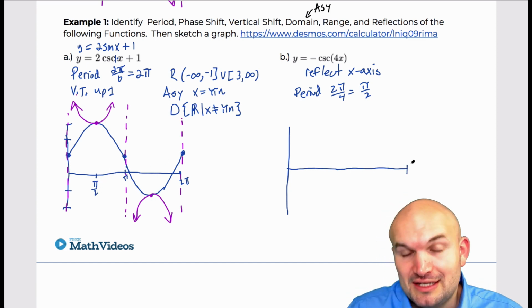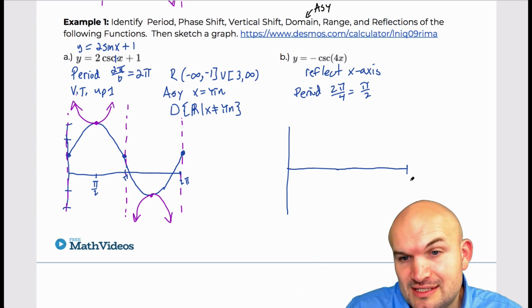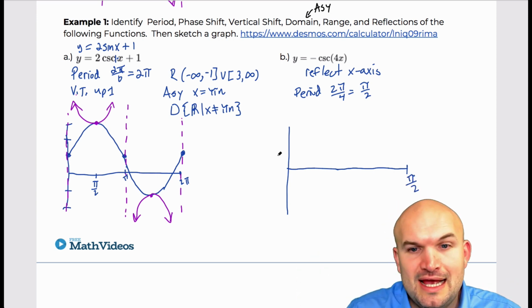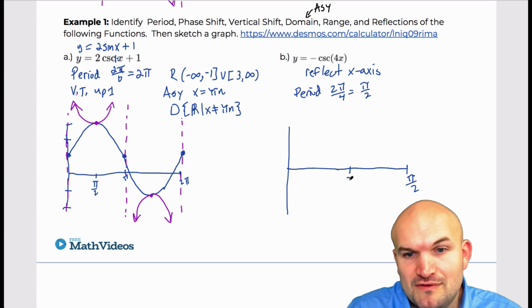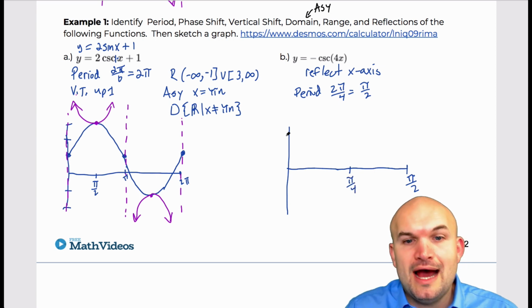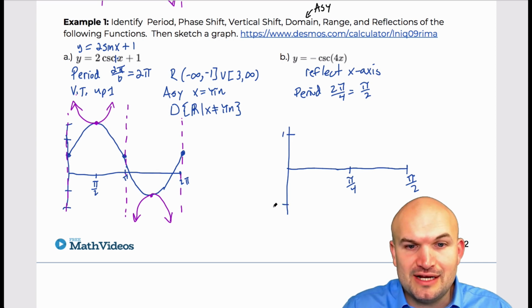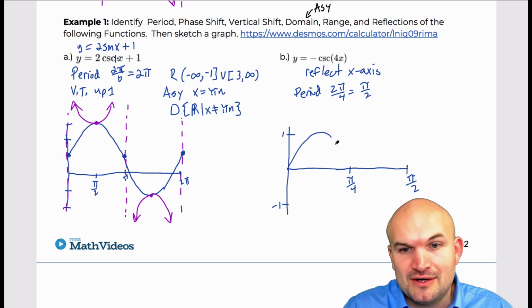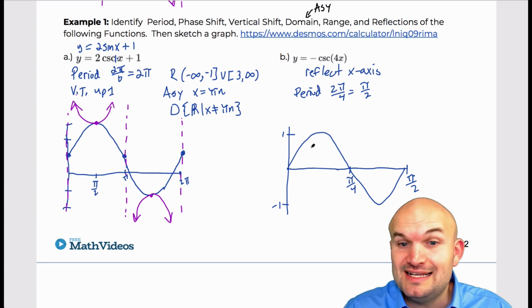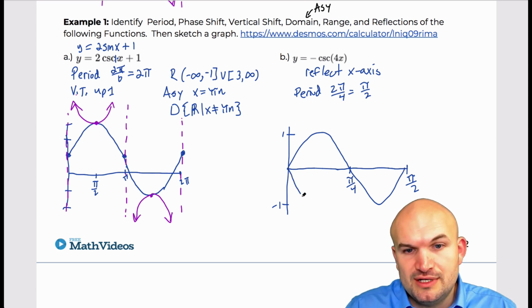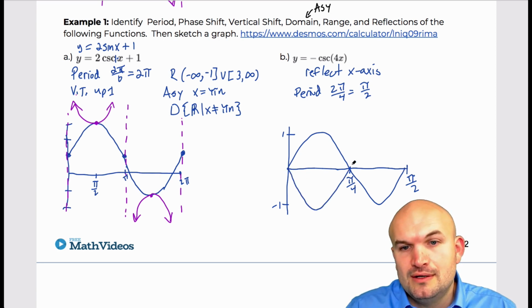So I'm just going to expand out my scale and say, well, here's pi halves, and half of that then would be pi over 4. Now, rather than going up to 1 and down to -1 and following the same pattern that we would for the sine graph, I need to now reflect that. So it's going to go down here, up, and right. So that is my representation of my reflection.